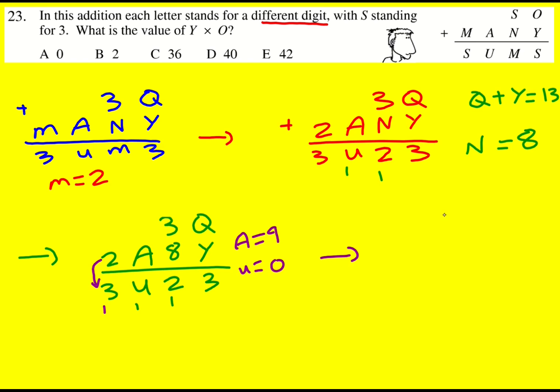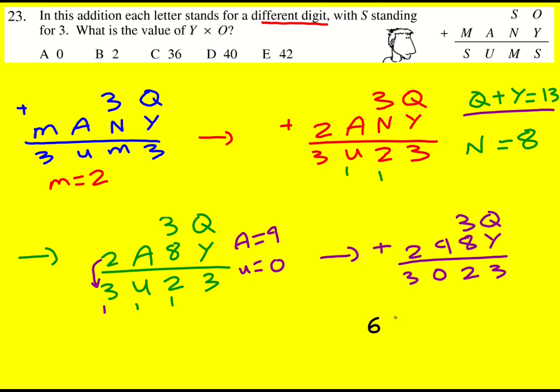And we're very, very close. So 3, Q, 2, 9, 8, Y gives 3, 0, 2, 3. Now I'm just going to bring us back to this Q plus Y is equal to 13. Let's write down the different ways we can get 13 using single digits.